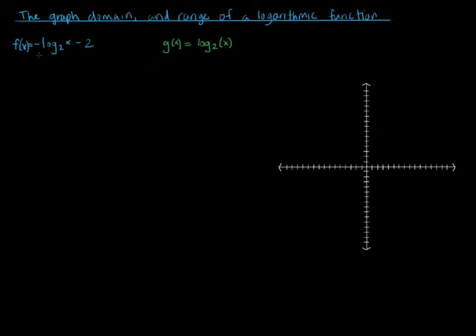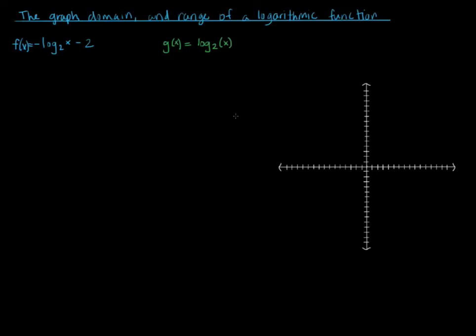Now, this minus sign out front is going to make all of my outputs negative. So it's going to be a reflection over the line y equals 0. So it's going to be down instead of up. So if you think about a parabola, if it has a negative out front, then it opens down instead of opening up, and the same thing is going to happen here.